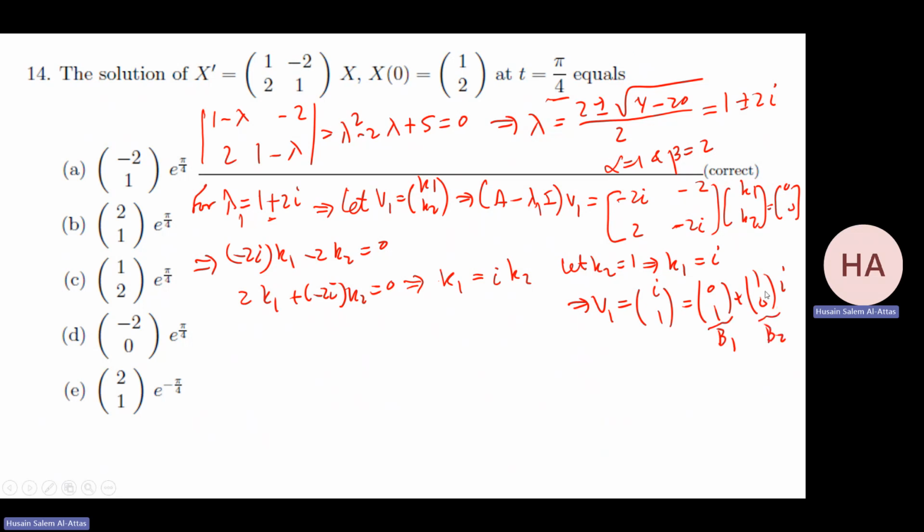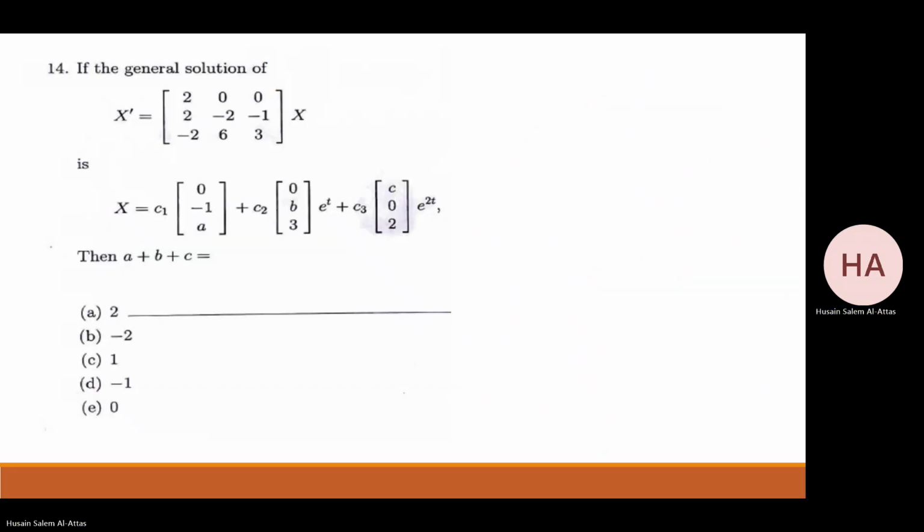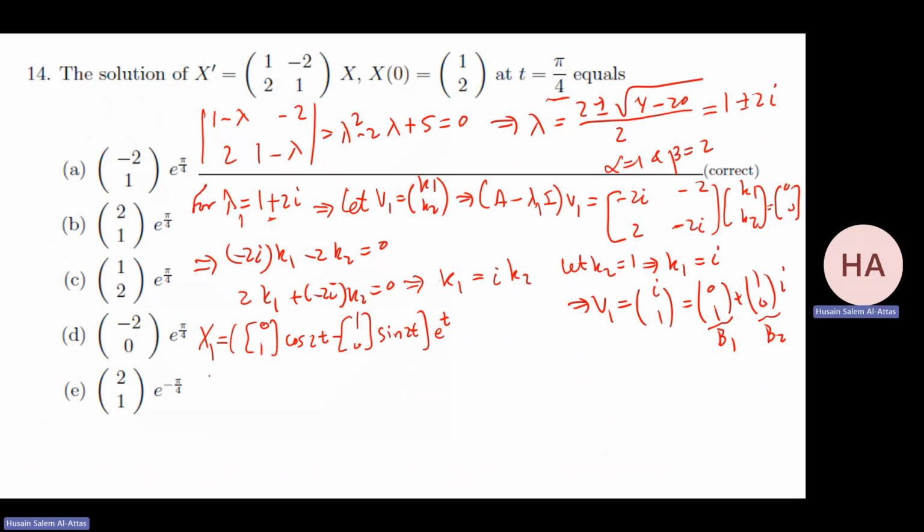Yeah, we did something like this before. Okay, so x1, I need to be careful. It will be 0, 1 cosine 2t minus 1, 0, which is b2, sine 2t, e to the power t. x2 will be 1, 0 cosine 2t plus 0, 1 sine 2t, e to the power t.